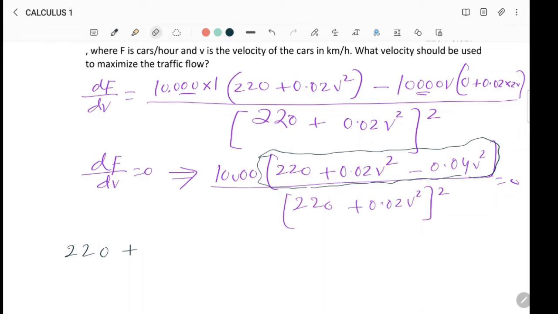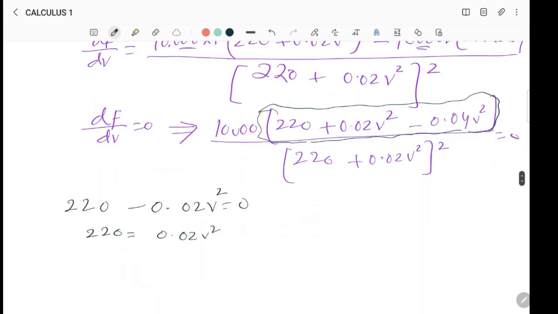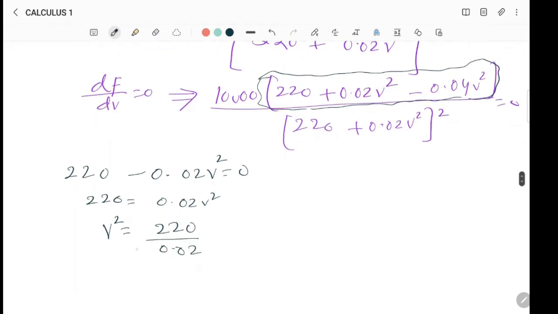So basically it's 0.02 minus 0.04, so minus 0.02 v square should be 0. 220 equals 0.02 v square. V square is 220 over 0.02. V is root 220 over 0.02, actually plus minus.